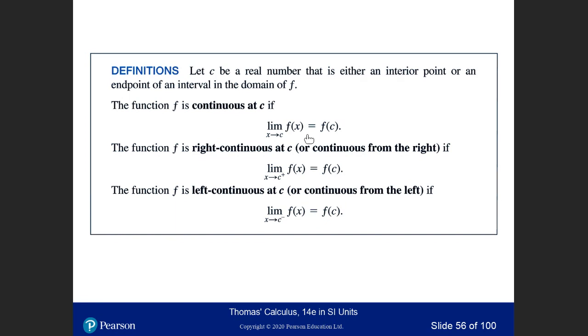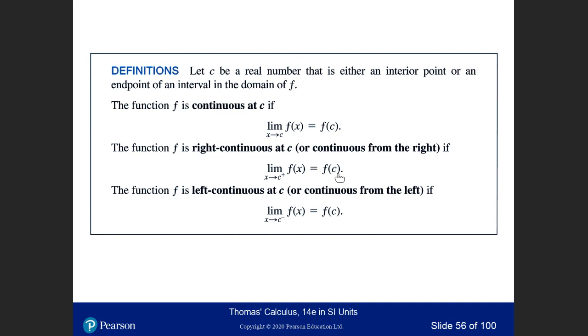The function f is right continuous at C, or continuous from the right, if the limit as x approaches C from the right-hand side of f of x is f of C. So again, the function must be defined at C, and when you approach from the right-hand side, the right-hand limit must be equal to f of C.